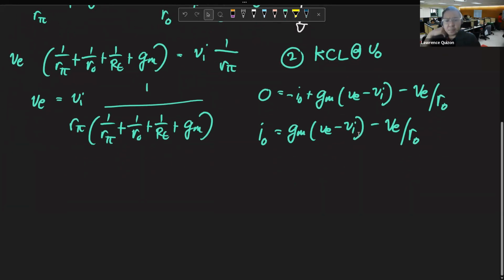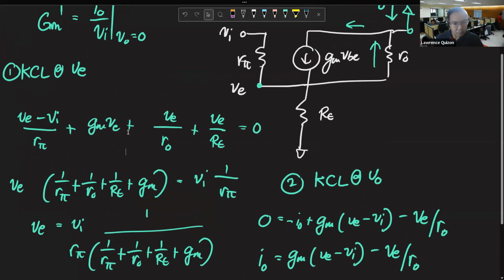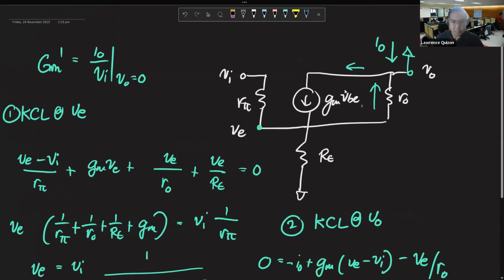Right. So arranging, no, such that GM and R out, well, such that VE appears just once, no? GMVBE. Ito GMVE. Oo nga, no? VBE. So VE minus V in siya, no? So lalabas siya across R pi and lalabas din siya dito, no?